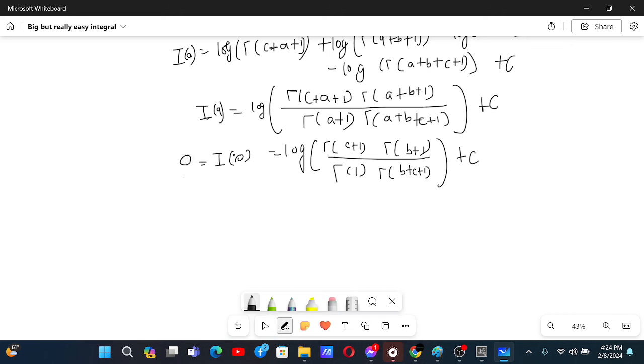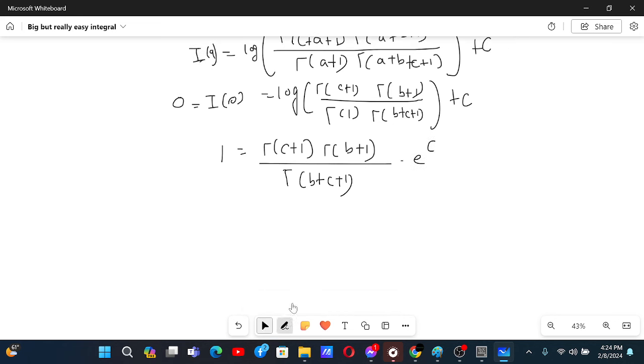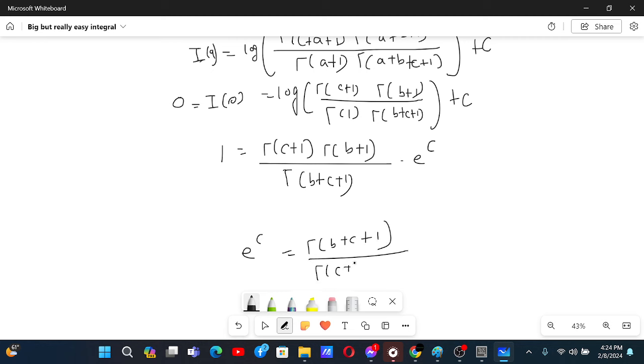Now if we raise all of them to the power of e, we get over here 1, and then gamma c plus 1 gamma b plus 1 by gamma 1, which is just 1, and then gamma b plus c plus 1, times e to the power c. So what is e to the power c? Gamma b plus c plus 1 by gamma c plus 1 gamma b plus 1.